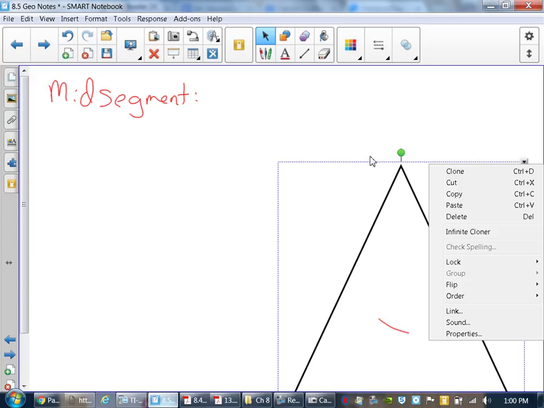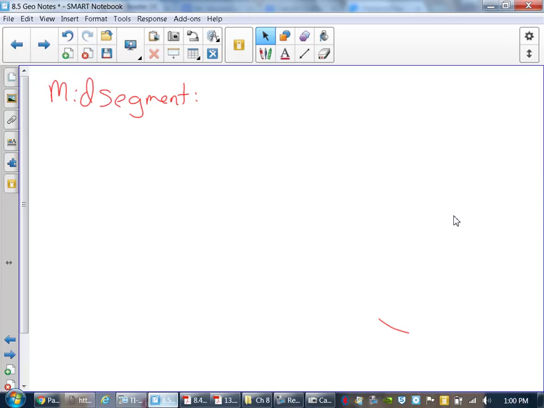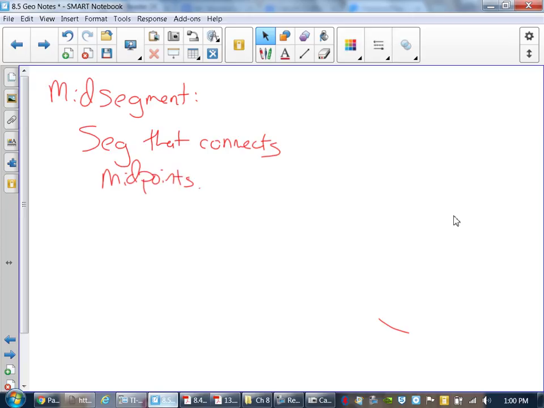If I can just delete everything. The mid segment is the segment that connects the midpoints of the sides.